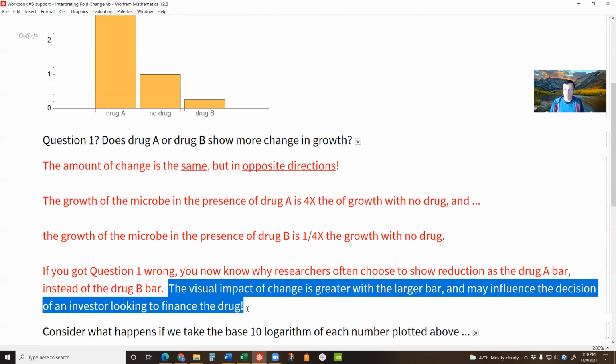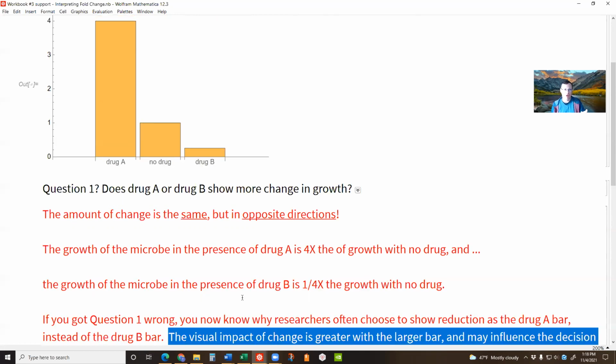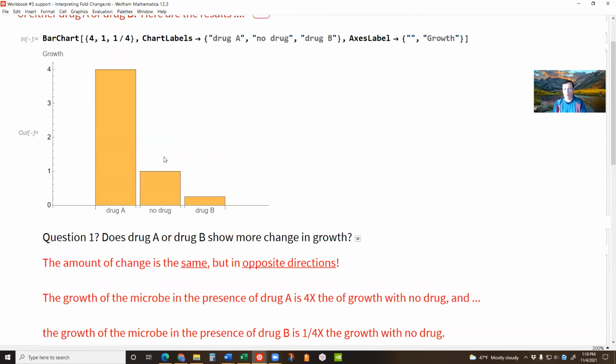We are always presented with visual information of various kinds. The point I'm trying to make is, are you sure you're interpreting the data correctly? Even though there's nothing false with this bar graph, because of our psychological predispositions to interpret things a certain way, maybe we get bamboozled a little bit and come to the wrong conclusion.